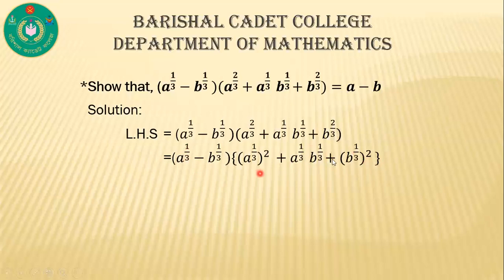Applying this formula here, a means a to the power 1 by 3 and b means b to the power 1 by 3. Here (a minus b) into (a square plus ab plus b square) is equal to a cube minus b cube. Now 3 cancel, here 3 cancel, then we can write a minus b. This is our required proof.